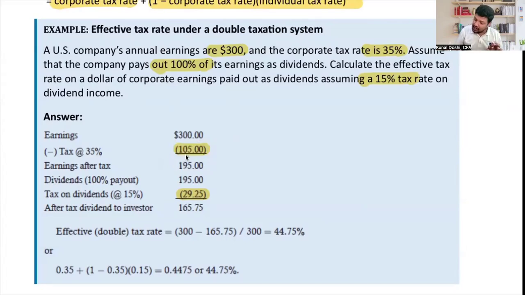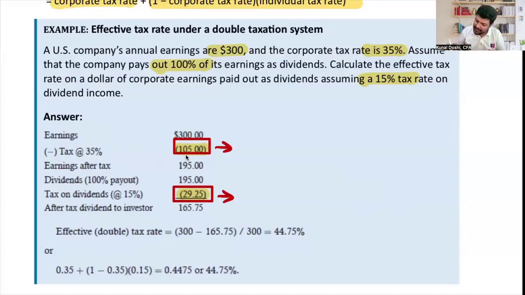And then you will pay the dividend tax based on your individual tax rate. So overall, out of the $300 that was the earning, you paid this and this as taxes. When I say you, it means either you or your company or both, right?